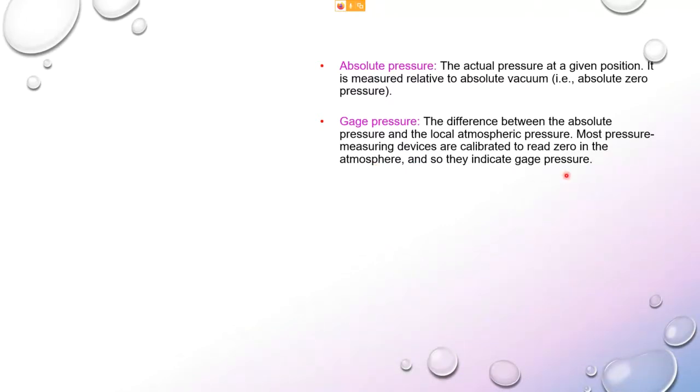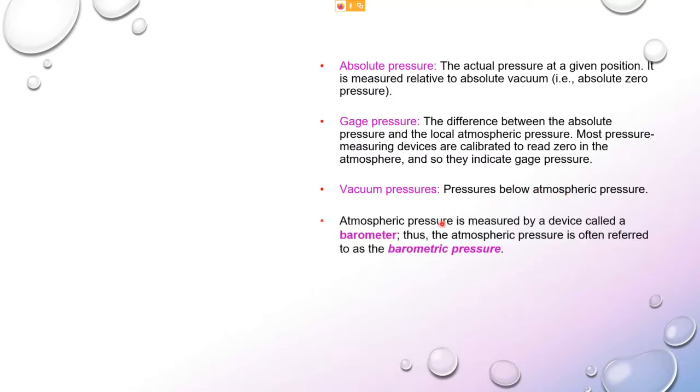So any reading from the pressure gauges that you took will be referring to gauge pressure. Okay, vacuum pressure is pressure that is below atmospheric pressure. Atmospheric pressure is measured by a device called a barometer. Thus, the atmospheric pressure is often referred to as barometric pressure.